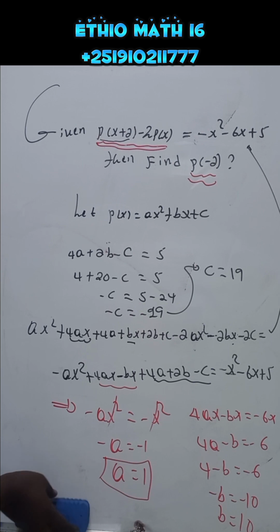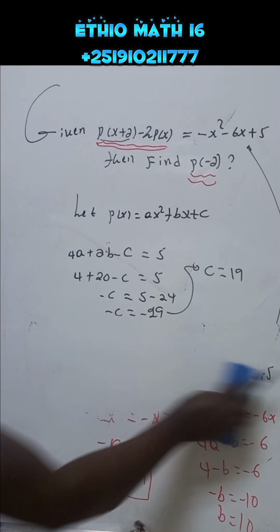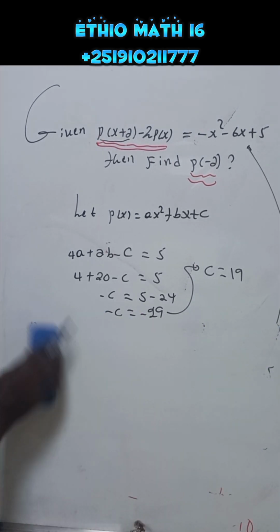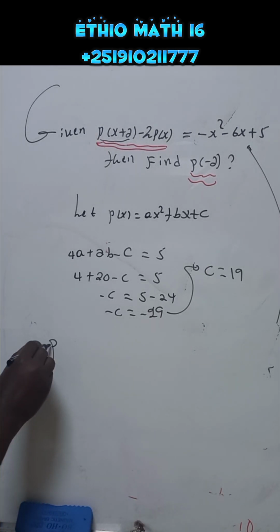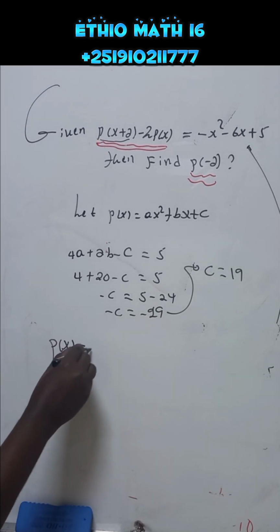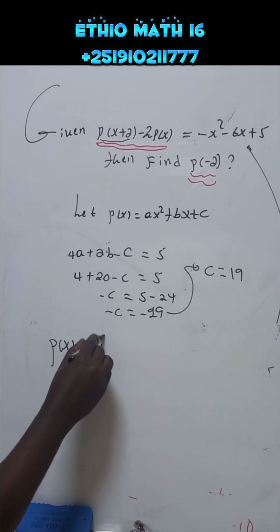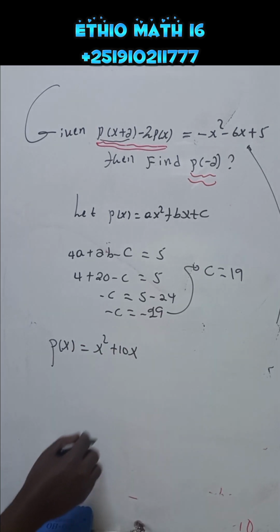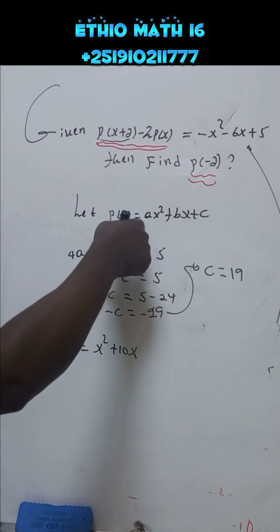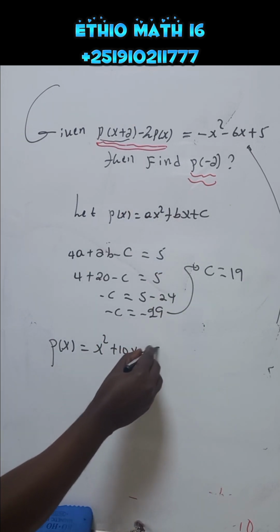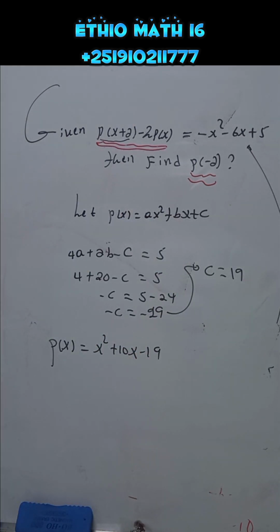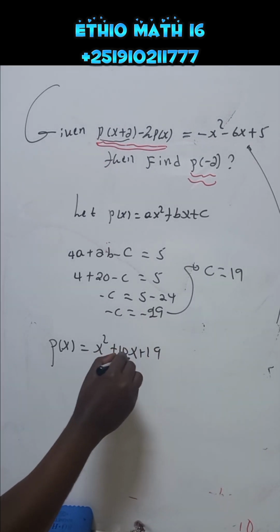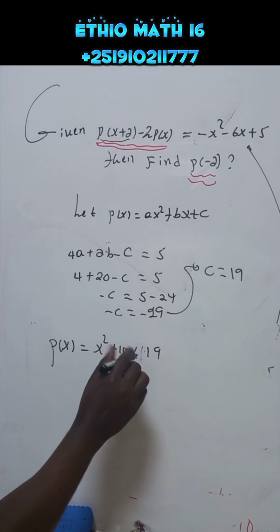And therefore, what is the value for p of x? Now, p of x is exactly x squared plus 10x plus 19, because b is 10, a is 1, and c is 19.